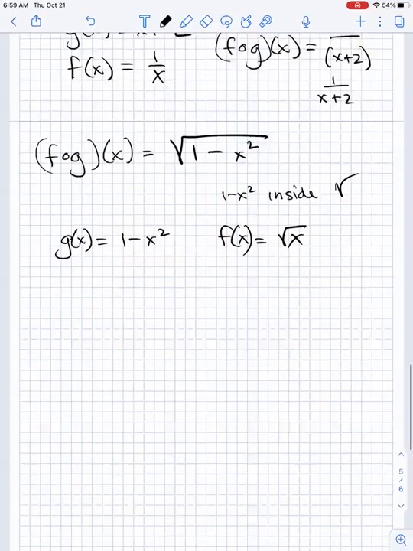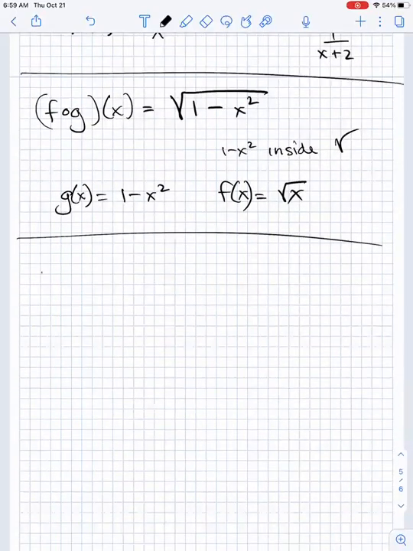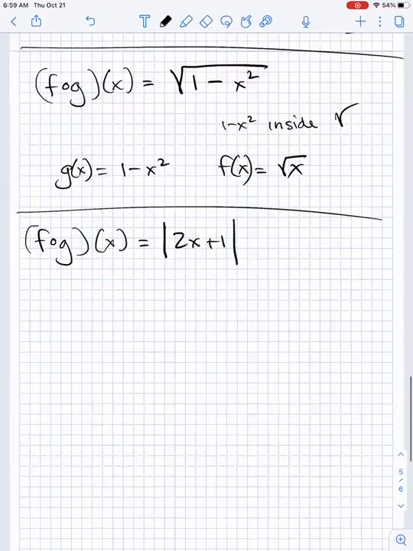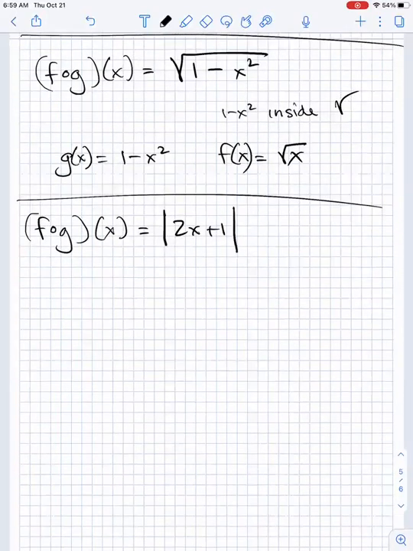One more. So f of g of x equals the absolute value of 2x plus 1. And again, you can see that what you've got is a function inside a function. So the 2x plus 1 is inside. Absolute value of x is the one that you're plugging into.